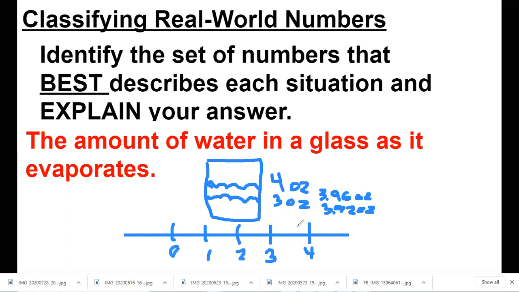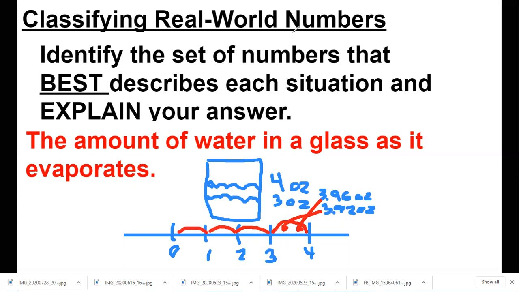We could have it evaporating somewhere between here and here. So that's where 3.96 is going to fall, and that's where 3.92 is going to fall. We could also have it evaporating between 2 and 3, and between 1 and 2, and then between 1 and 0. So it could be any number between those numbers, right?